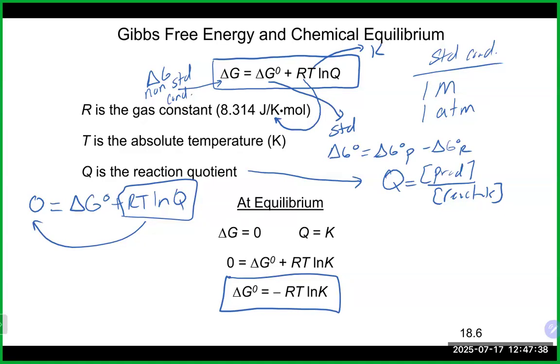And the other thing that people will always want to do on the top one is they want to subtract rather than add. So the R there is the gas constant from above, 8.314. The temperature is the temperature in Kelvin, and K is the equilibrium constant.